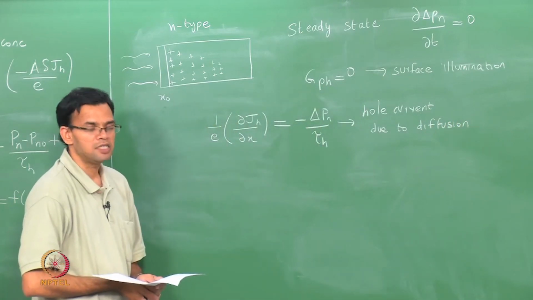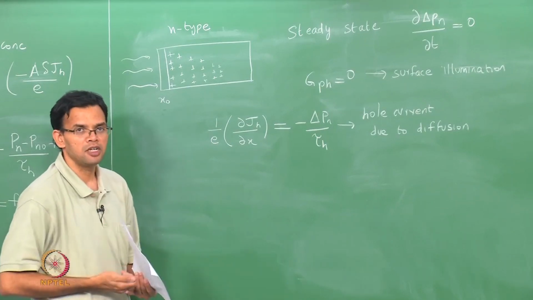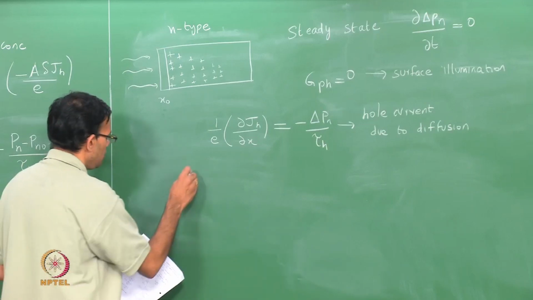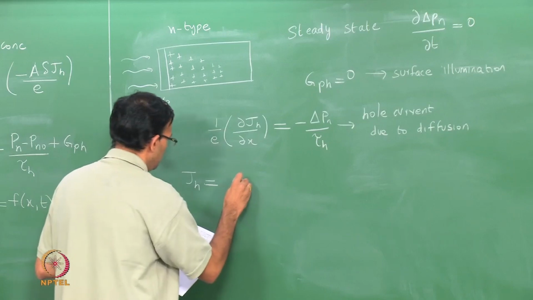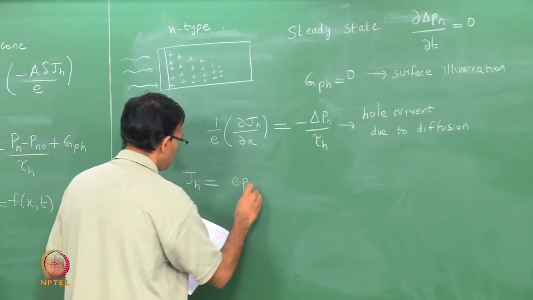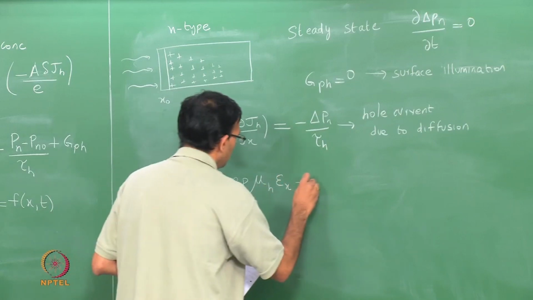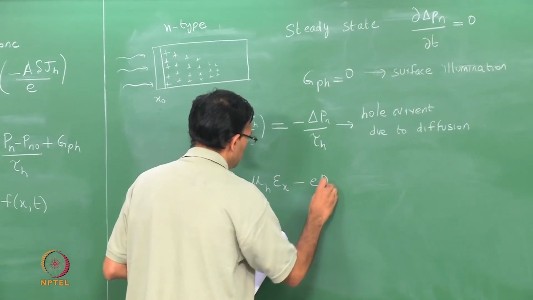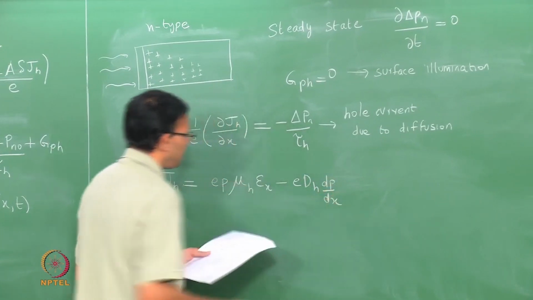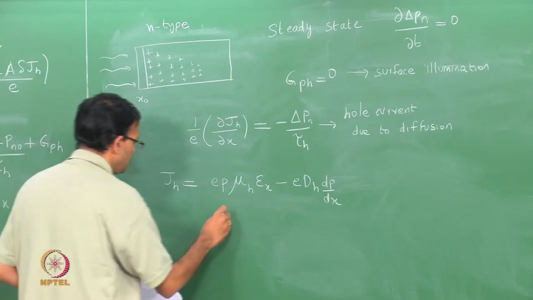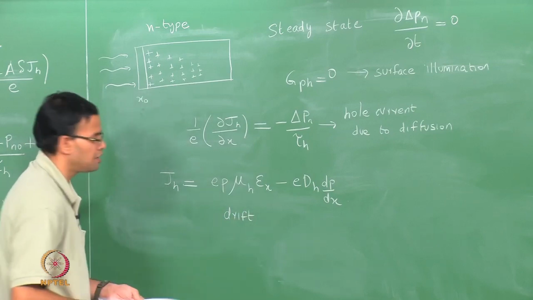There is a generalized equation which relates the hole flux to both diffusion current and drift current. So, the generalized equation Jh is e P mu h epsilon x minus e Dh dP over dx. So, the first term is due to drift of the holes within an electric field.